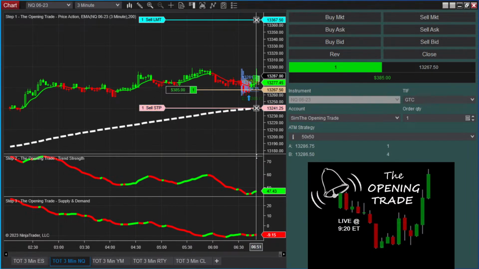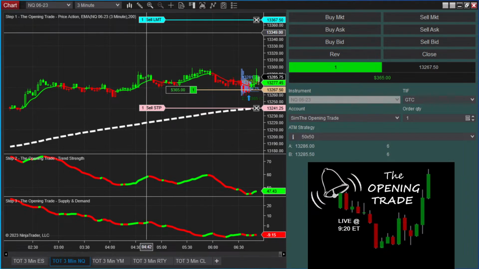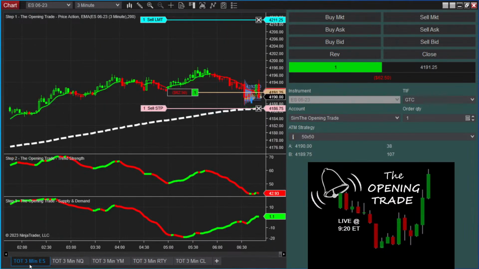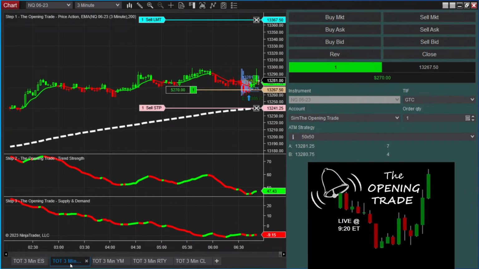Setting it to the 200. That way we don't have to worry about it while we walk away. So let's just take a look one more time. Here's our S&P, and then we'll leave it here on the NASDAQ, and we'll be back in a few minutes to see what they are doing.